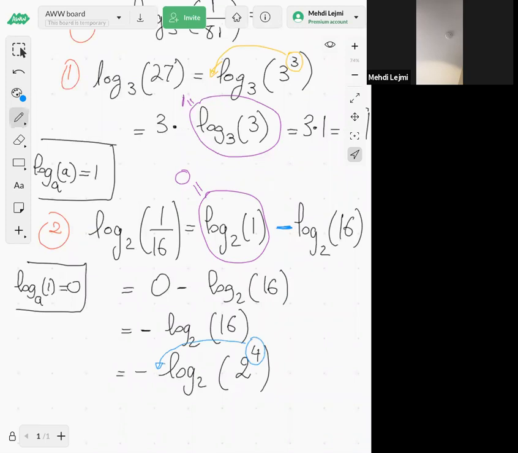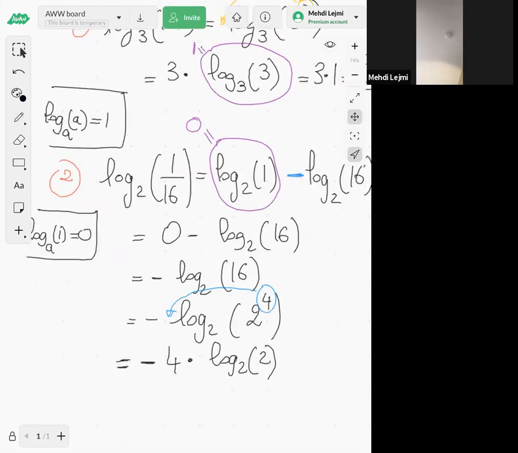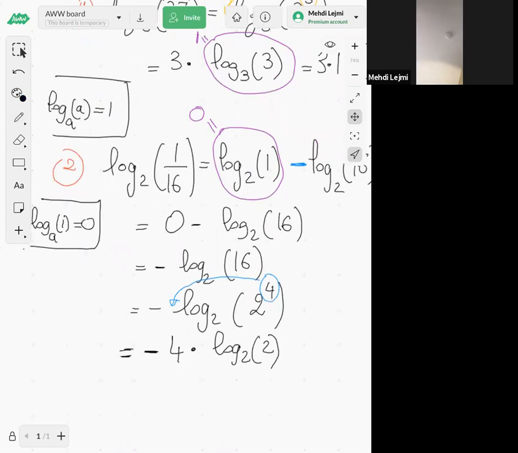Don't forget there's a minus. So here's my minus, and then there's my 4 times log in base 2 of 2. But log of a in base a is 1, that's the rule. So log in base 2 of 2 is equal to 1, and negative 4 times 1 is negative 4. And that's the answer.